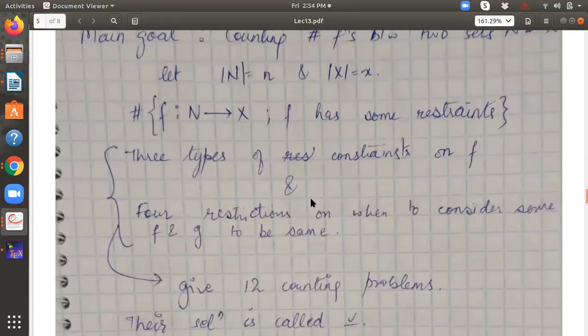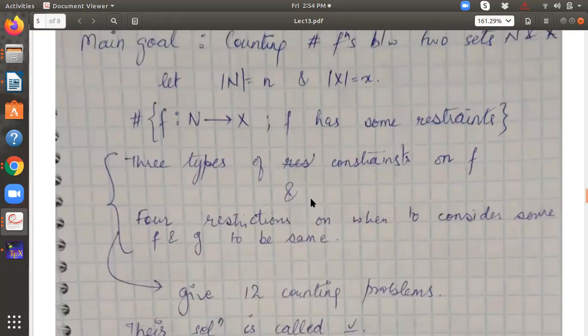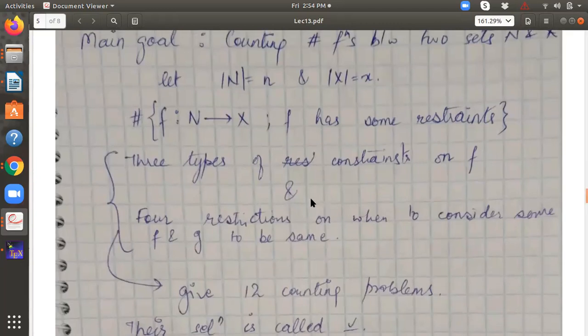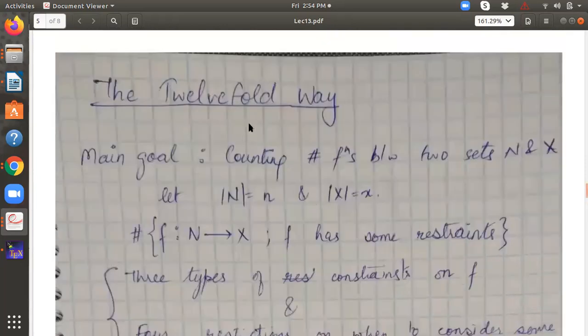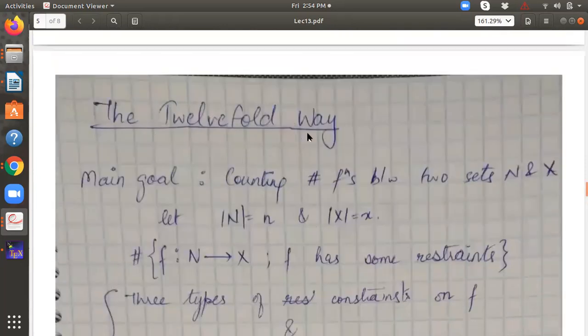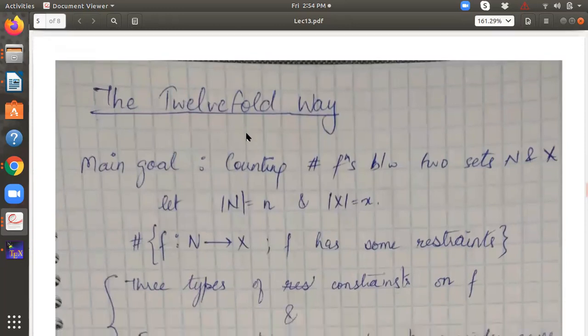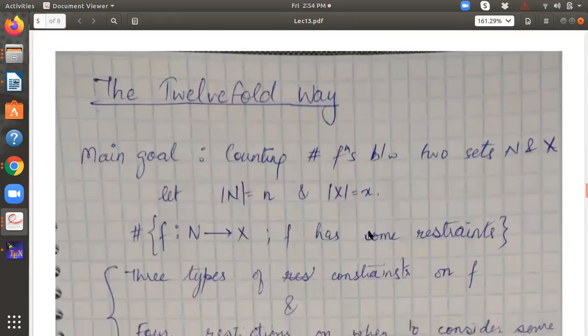So there are a total of 12 counting problems, and the solution to this whole setup is called the 12-fold way. That is why the name, because there are a total of 12 equivalence classes which you are dealing with inside this one huge class of functions.